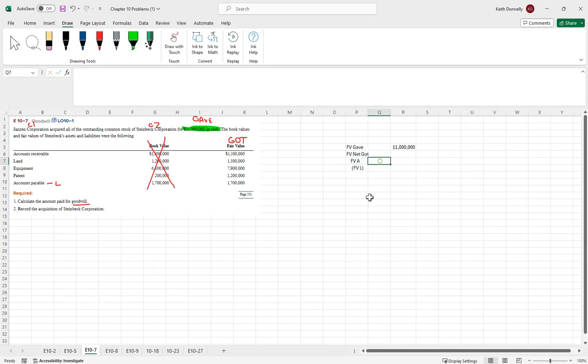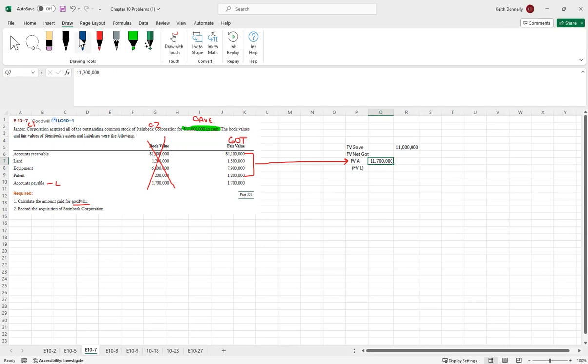We get the good and the bad with them. So these guys right here are the fair value of the assets, right? It's going to be 11,700,000 if you were to total these guys, okay?